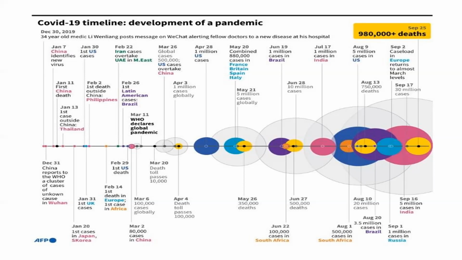And this has spread to other countries, Brazil, Europe, South Africa, such that by September 25, 2020, it had spread globally, resulting in around 980,000 plus deaths.